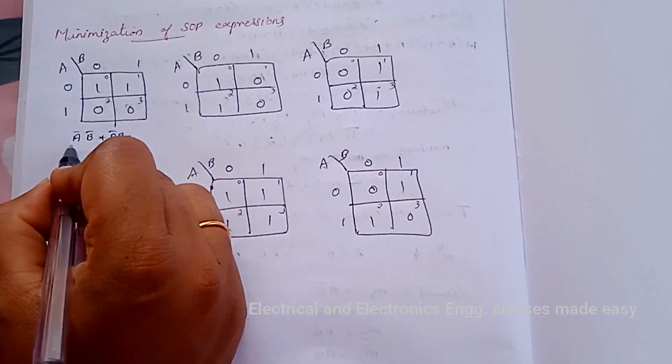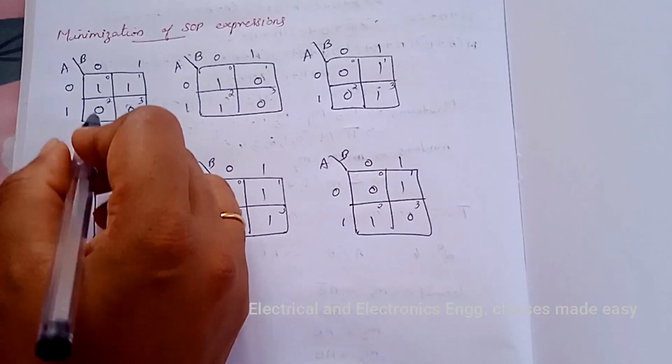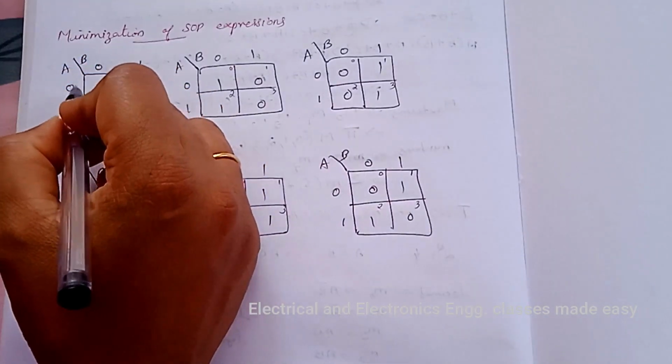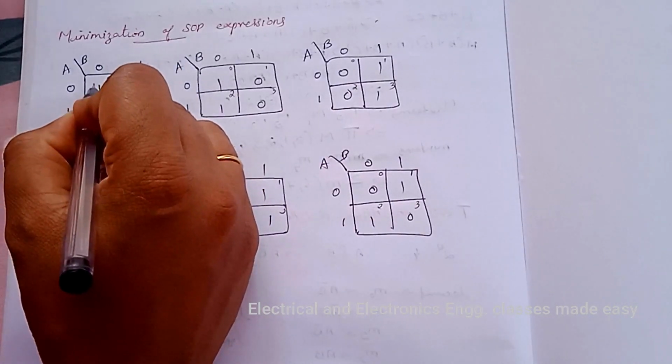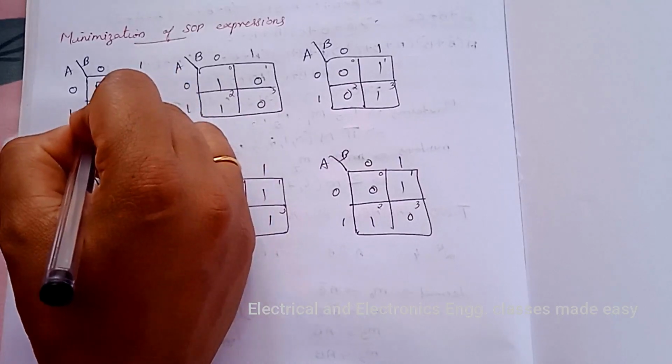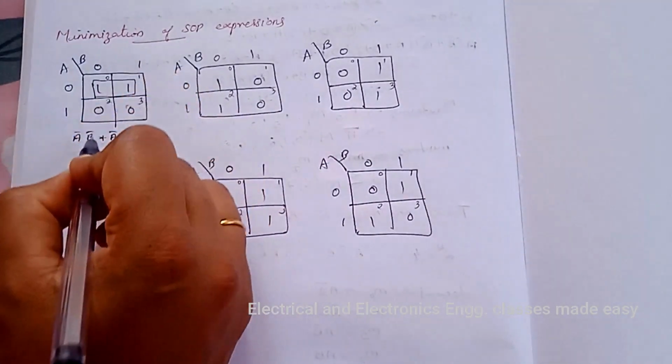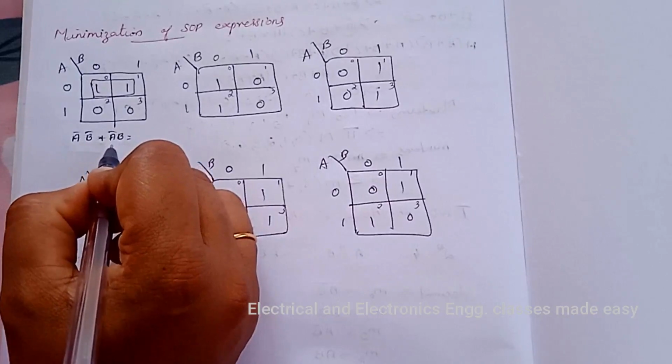So they may be combined to form a 2 square to eliminate the variable B. That is, we can combine these two squares to eliminate this variable B.